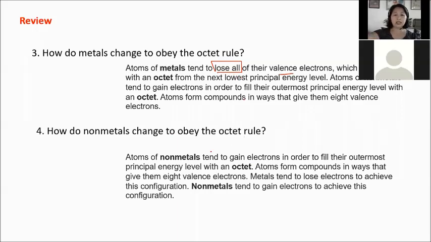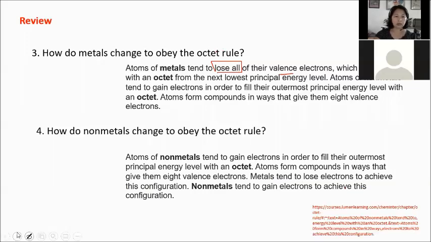Nonmetals gain electrons in order to fill the outermost principal energy level with an octet. So atoms form compounds in ways that give them 8 valence electrons. Metals tend to lose, and nonmetals tend to gain electrons to achieve this configuration, this octet rule, or rule of 8.